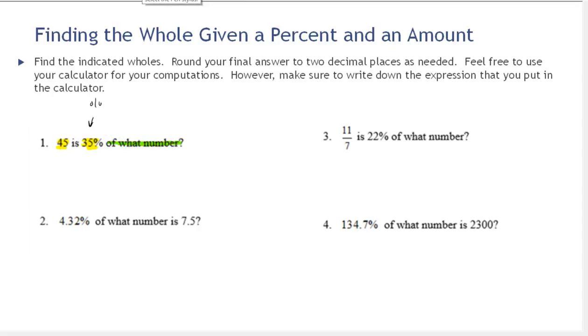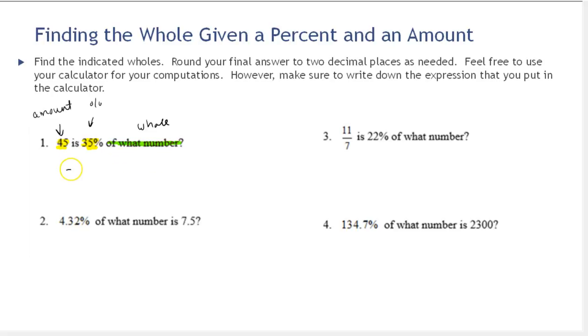The next thing I usually look for is the whole, because the whole is followed by the of. So this is the whole, and notice since it says of what number, we don't know the whole, we're looking for the whole. That means this value is our amount.